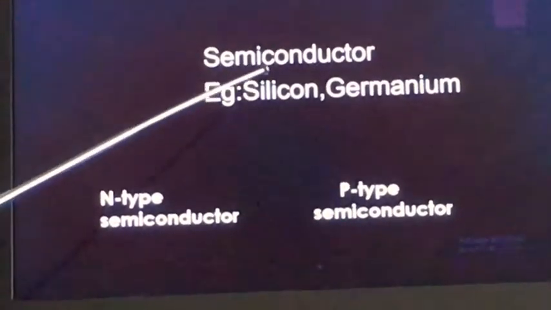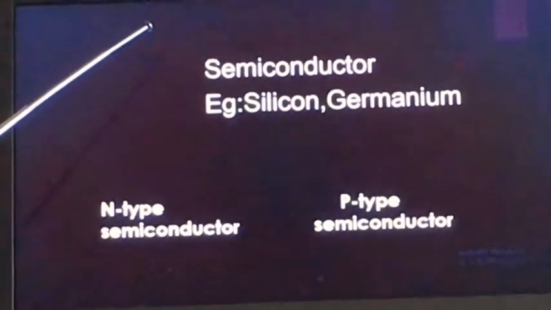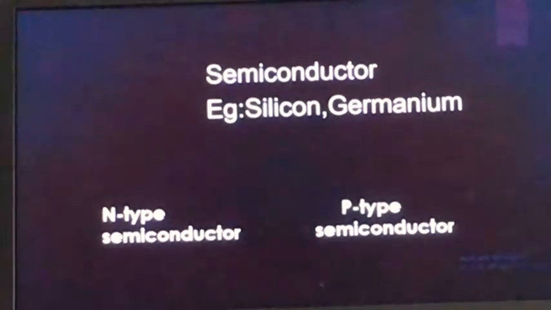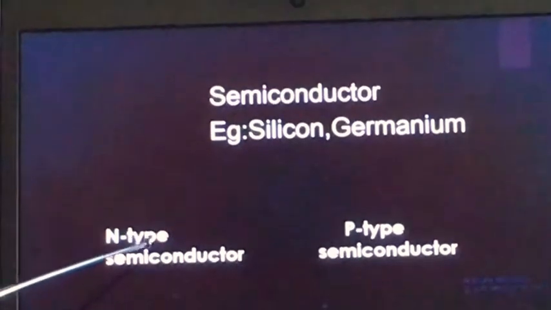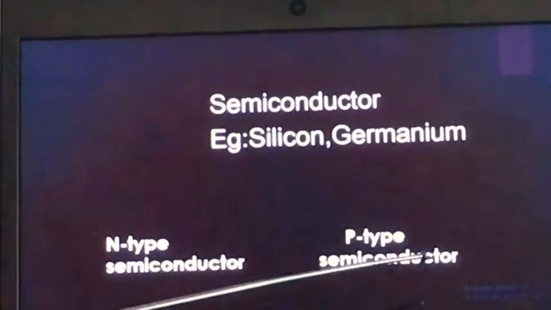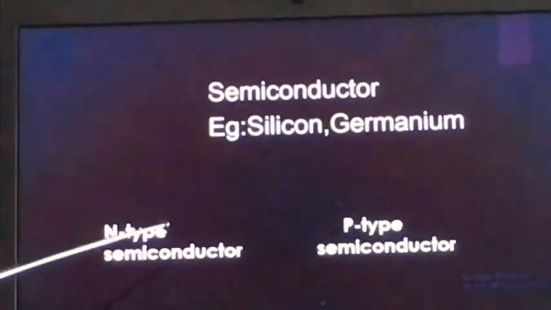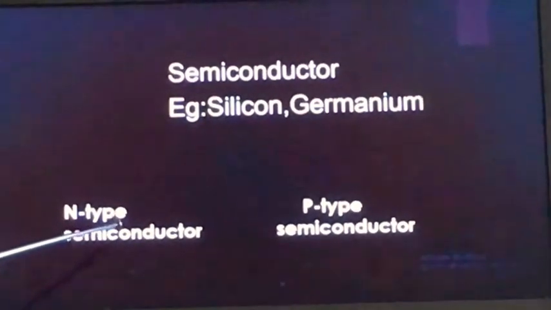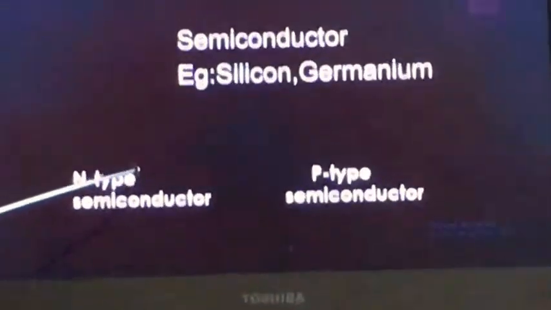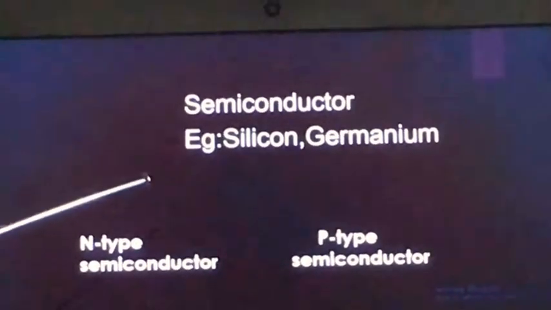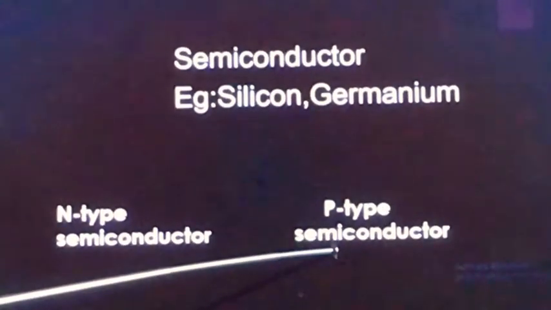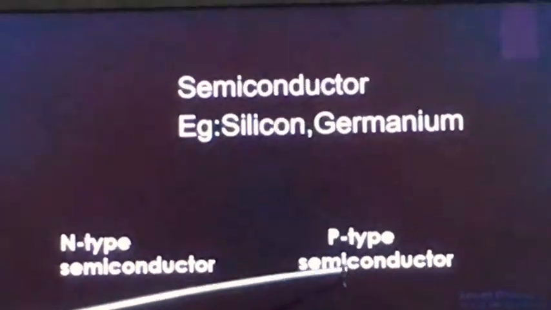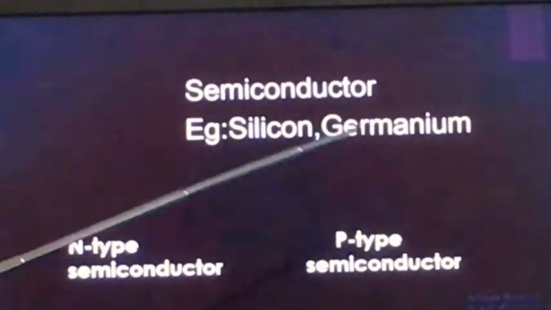So semiconductors are of two types, N-type and P-type. The N-type semiconductor is obtained by doping with impurities such as arsenic or phosphorus, whereas the P-type semiconductor is obtained by doping with impurities such as boron.